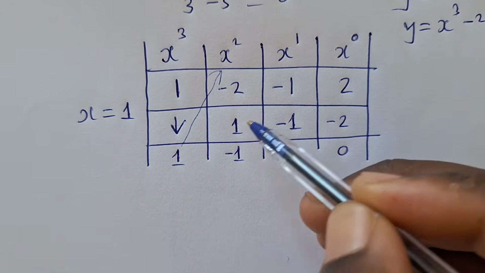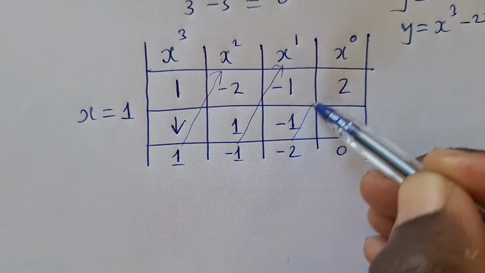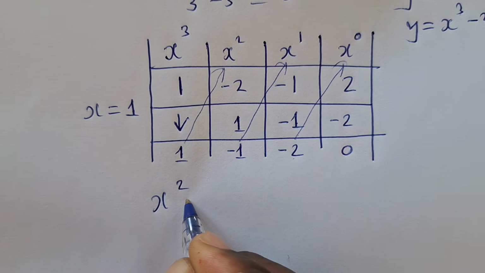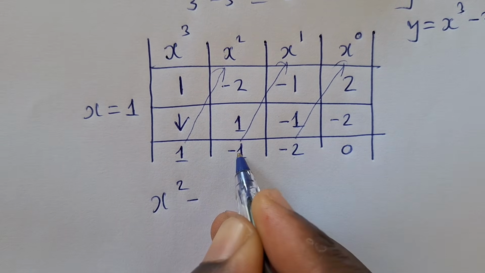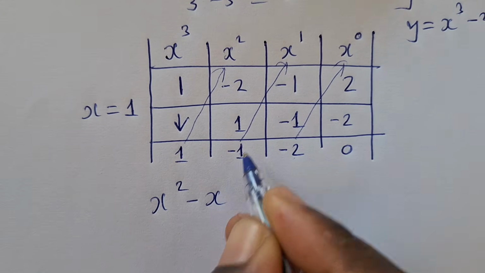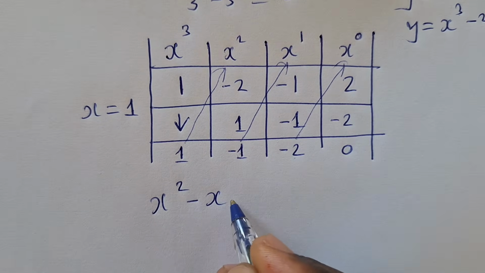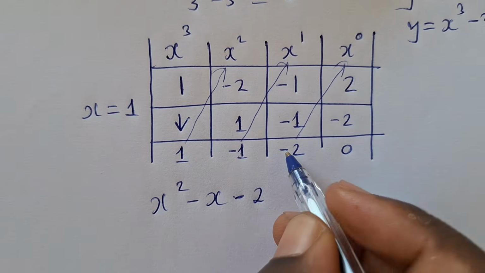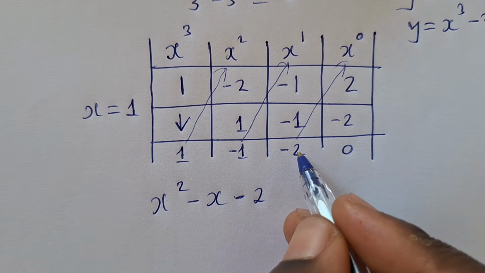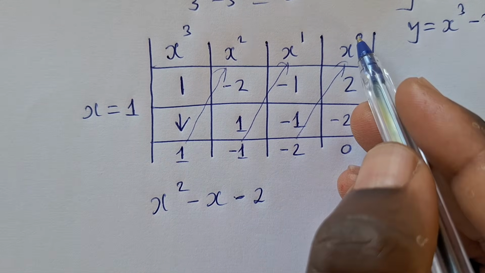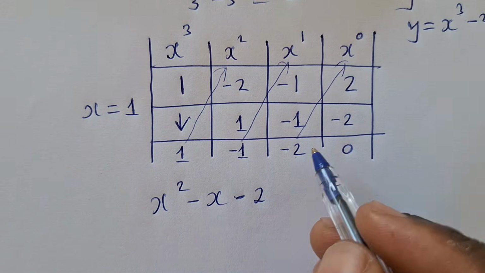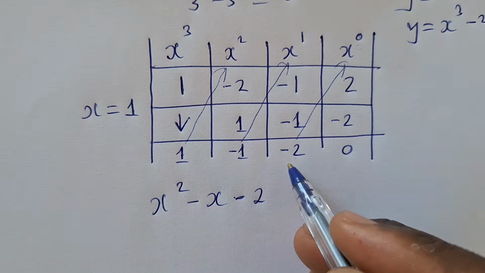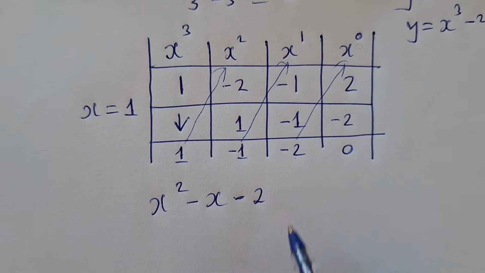This will go with this one, with this one, with that. So it will be x power 2 minus 1x, and then here it will be -2, because -2 multiplied by x power 0, which is 1. So 1 times -2 will just be -2.